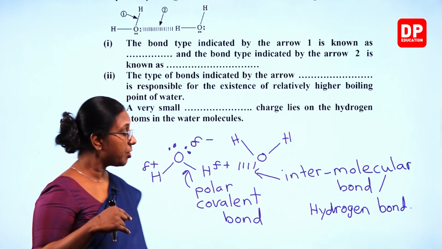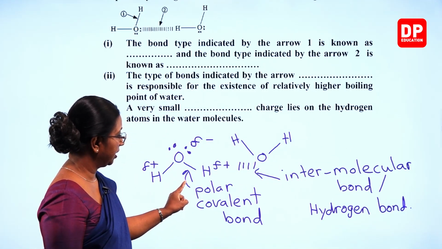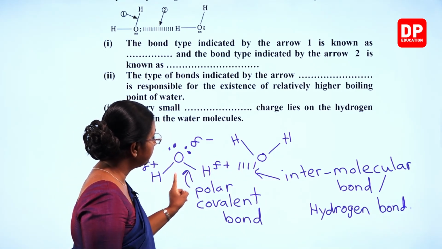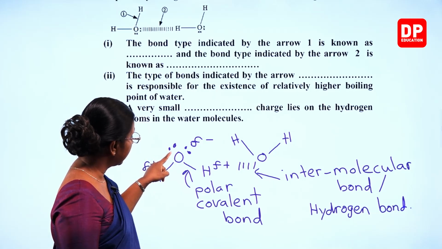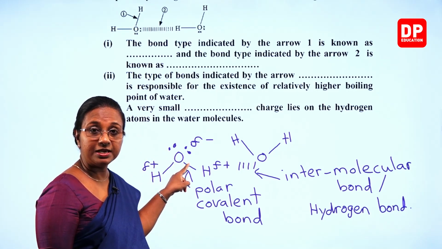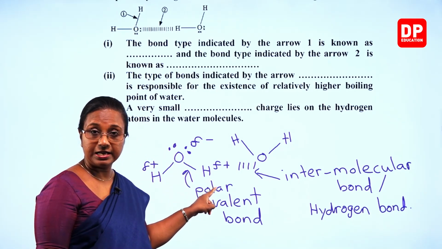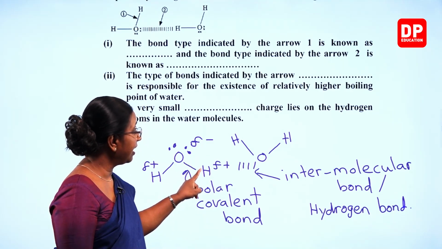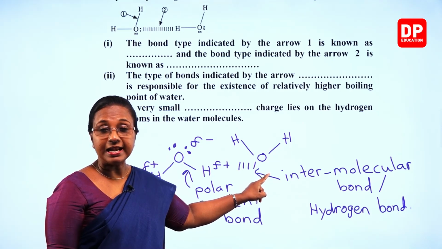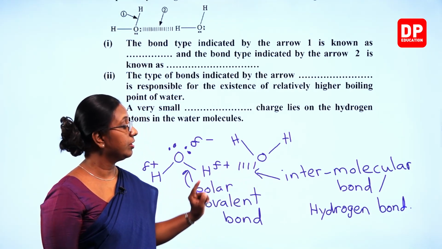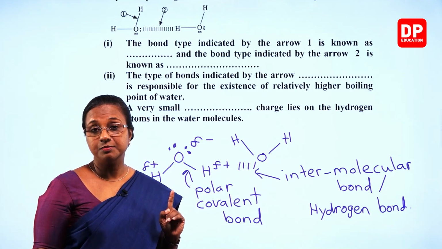Now, intramolecular means within the molecule. Intermolecular means between 2 molecules. Now, this is a highly electronegative element that is bonded to a hydrogen. Between that hydrogen and another highly electronegative atom, the intermolecular bond is a hydrogen bond.